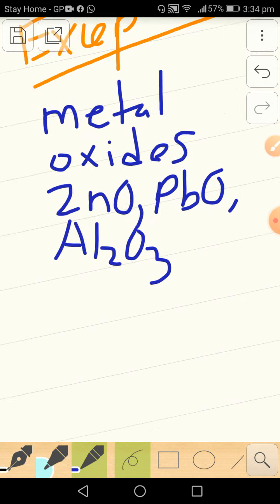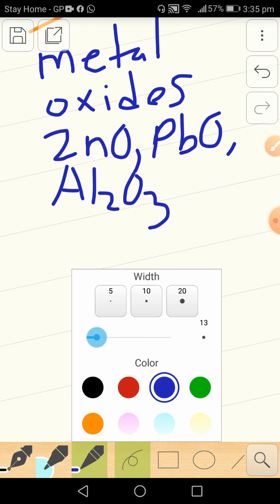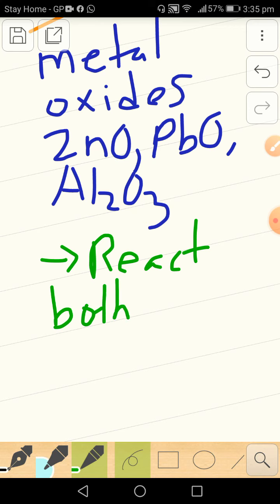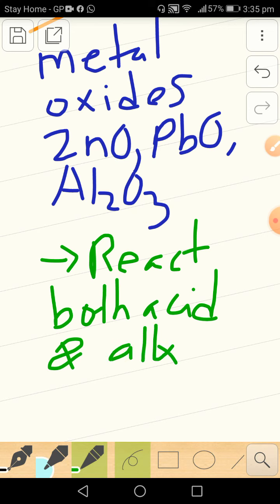They are also metal oxides, but these metal oxides react with both acid and alkali. Usually we know that metal oxides react with acids, but these metal oxides react with both acid and alkali.